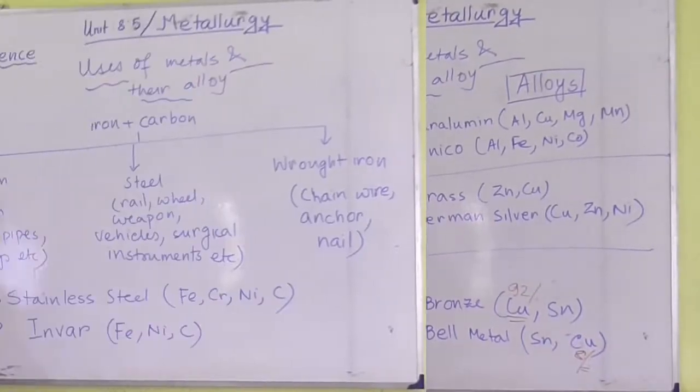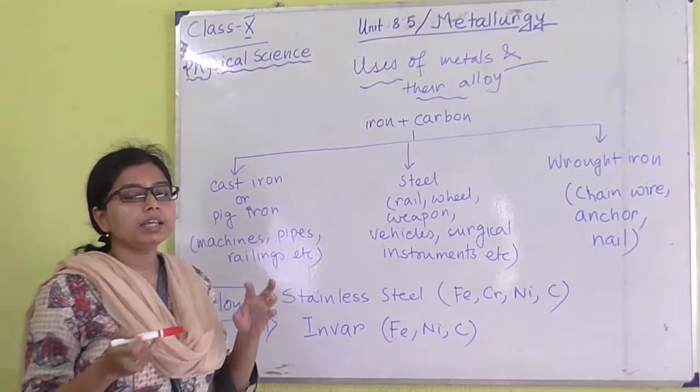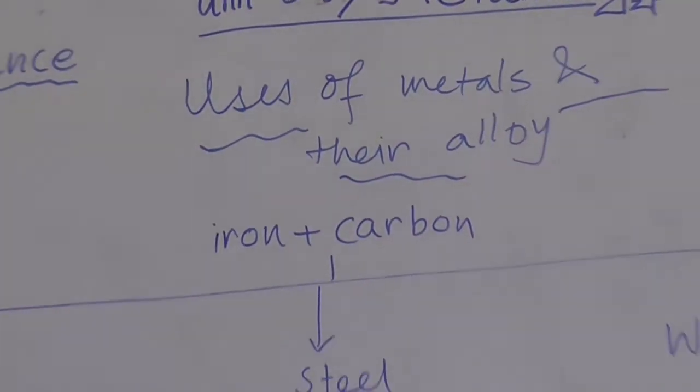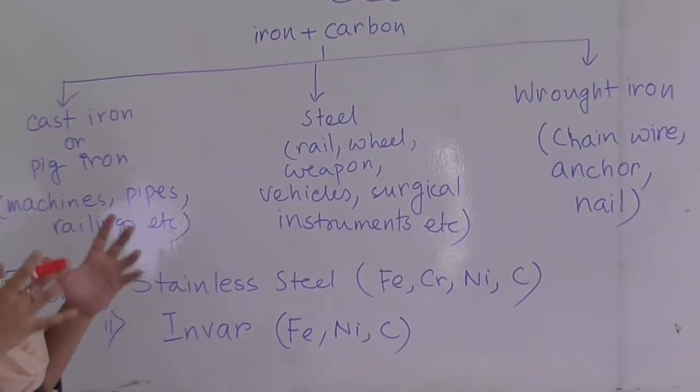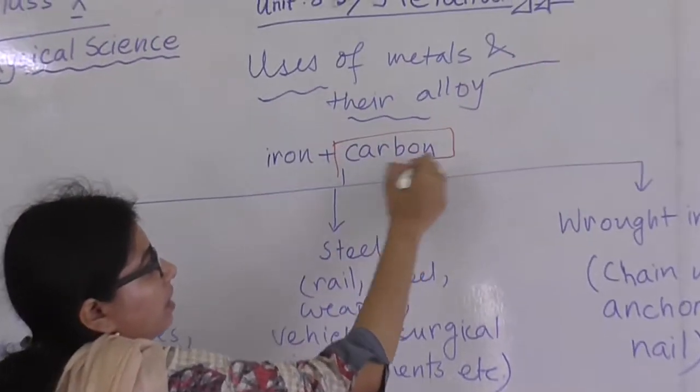Now I have iron. We have the last metal, that is iron. Basically, if we have only iron, then it has no practical use. We have to mix another component to make it usable. So, we have to use carbon here. Okay.